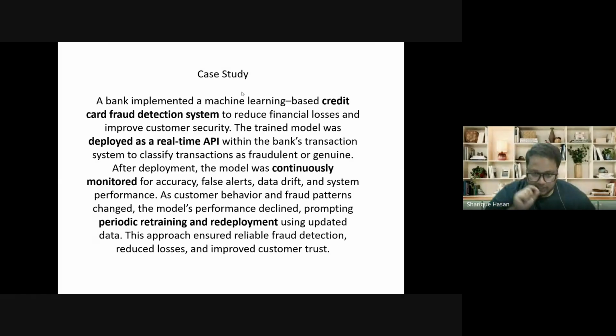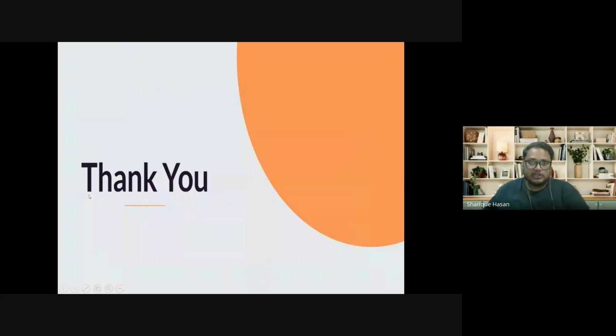In the later days, if the performance decreased, they were monitoring it, and when they noticed the performance was getting reduced, they improved the system, and the customer trust and the accuracy got high once again. It is a big thing. I hope it is clear to all.